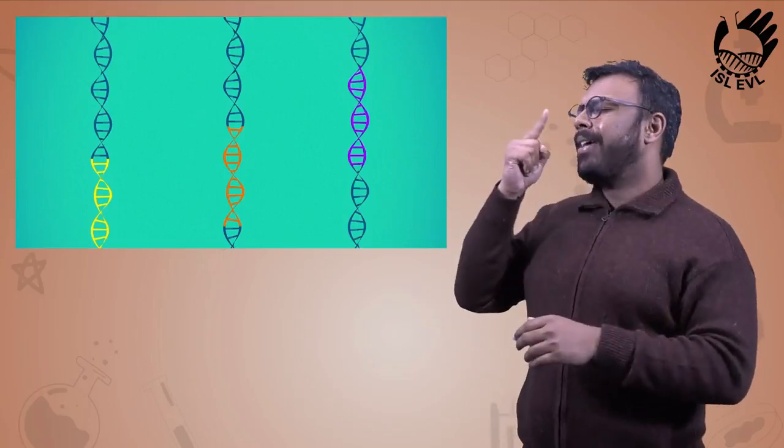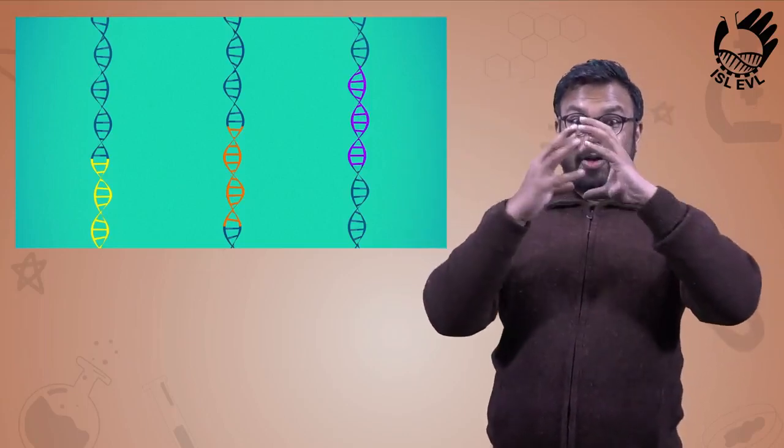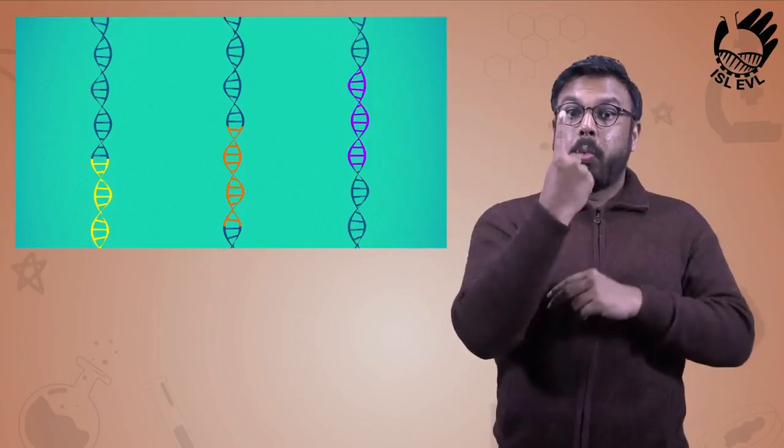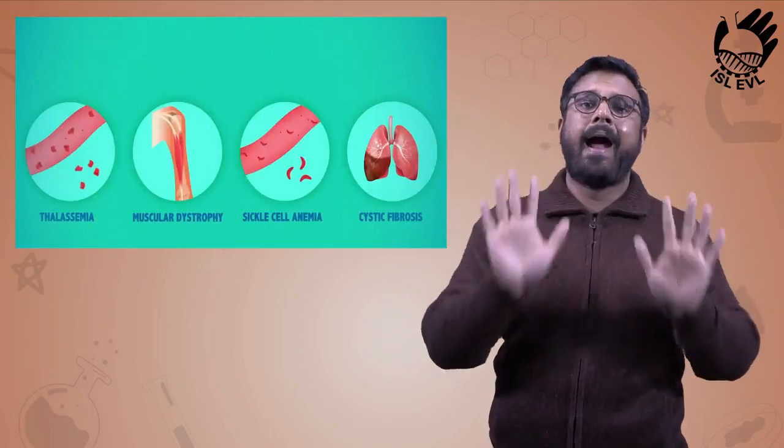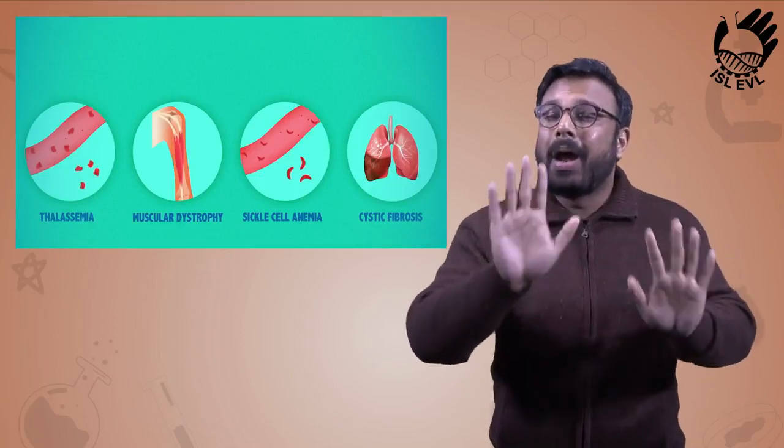Dominant mutations are those where just one copy of a mutated gene is sufficient to cause a disease. However, these are rare.